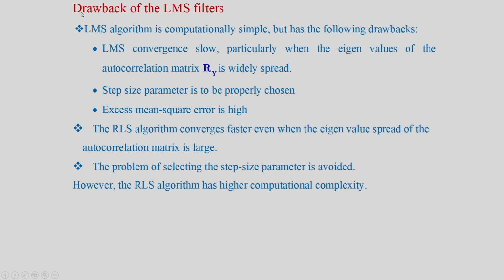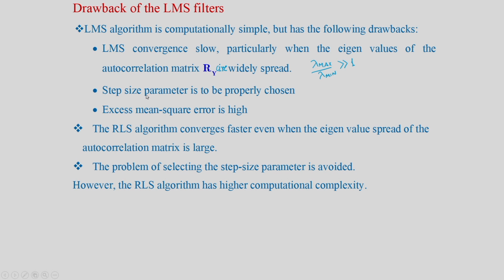We will start with the drawback of the LMS filter. LMS algorithm is computationally very simple, but it has the following drawbacks. The major drawback is LMS convergence is very slow, particularly when the eigenvalues of the autocorrelation matrix Ry are widely spread. If λ_max divided by λ_min is much greater than 1, then convergence is slow.